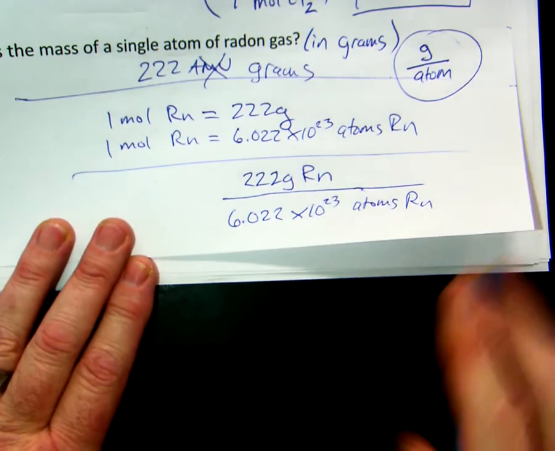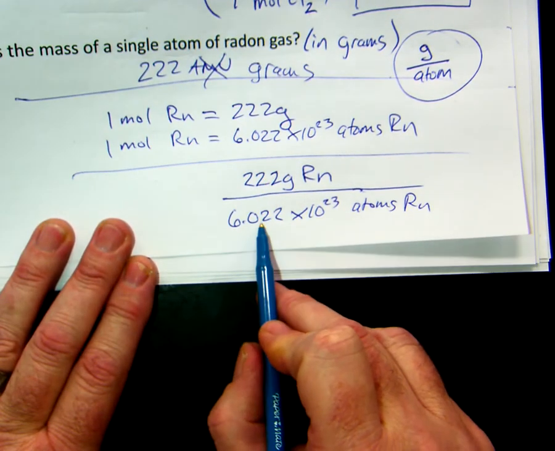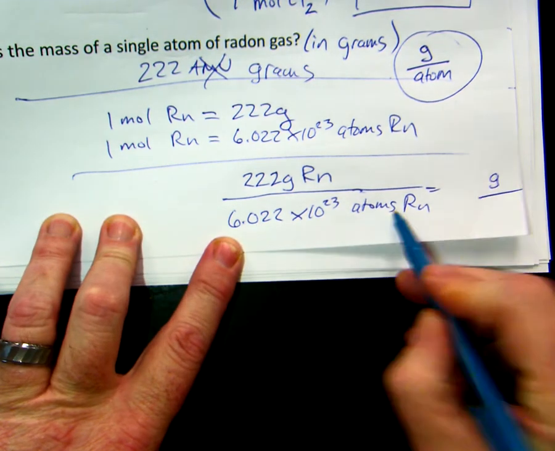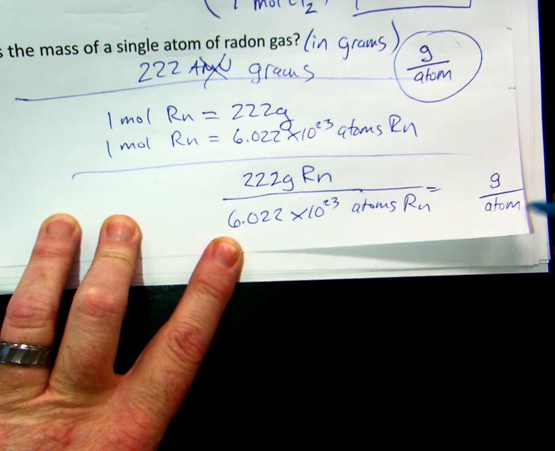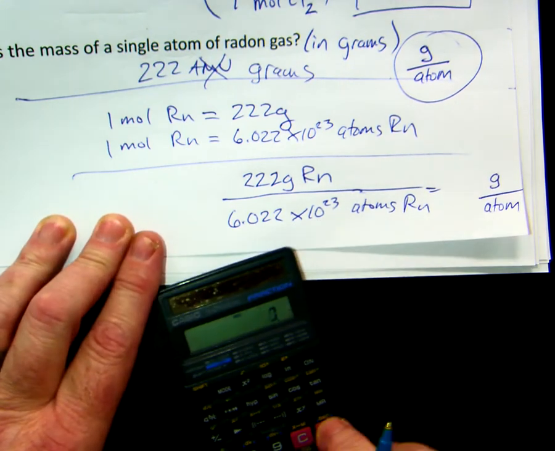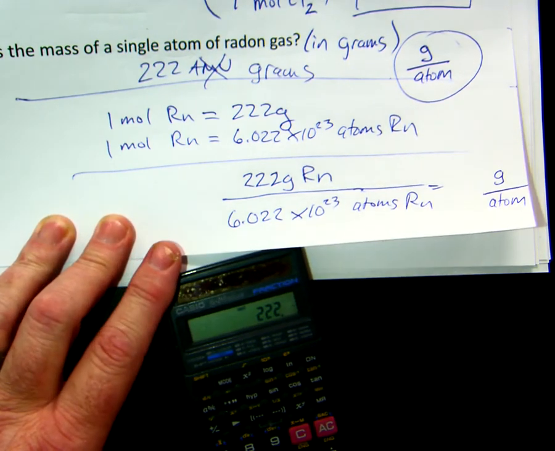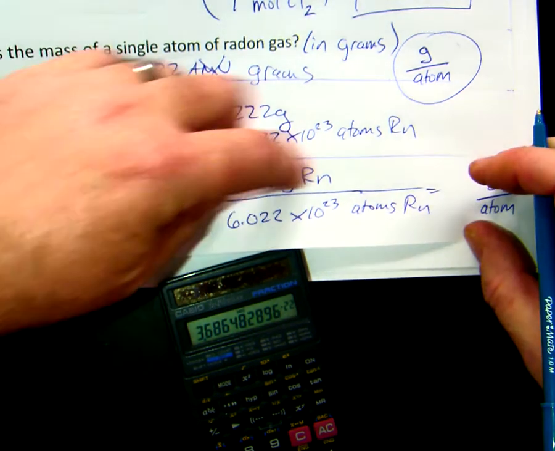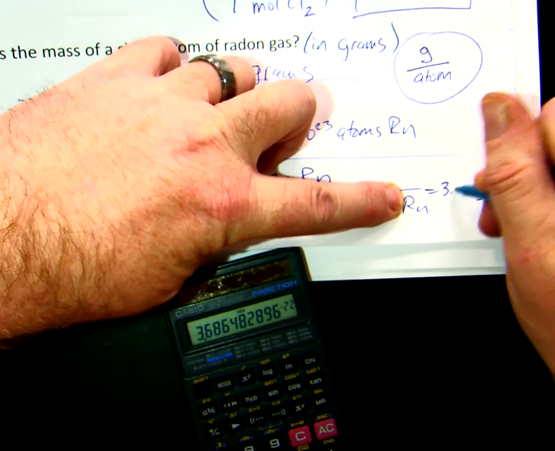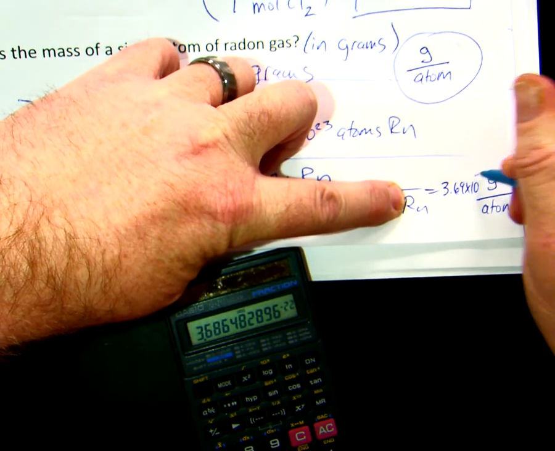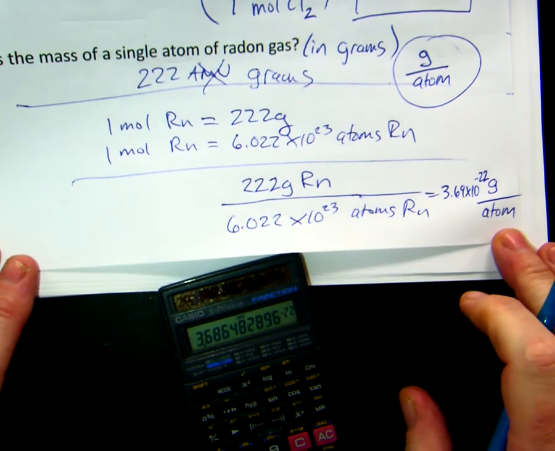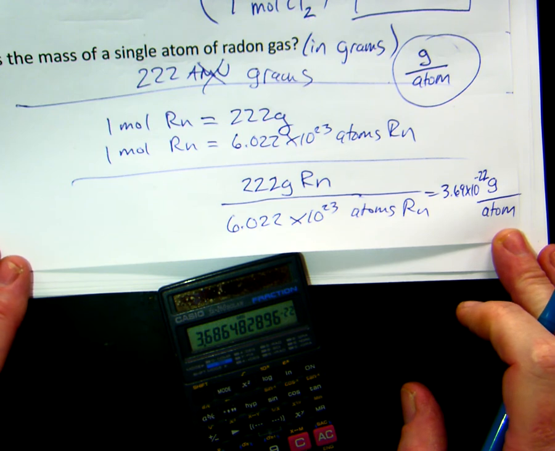So when I divide 222 by Avogadro's number, my units will be gram per singular atom. So let's try that. 222 divided by Avogadro's number. I get 3.69 times 10 to the negative 22. A very, very small mass for radon.